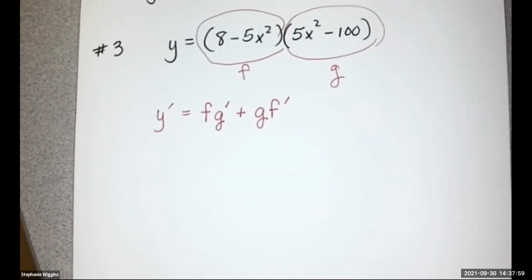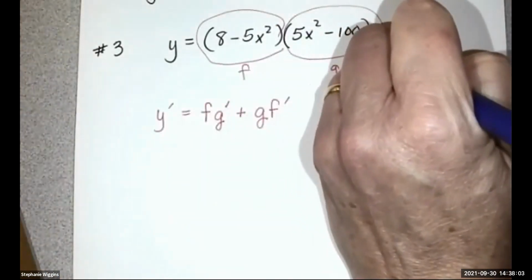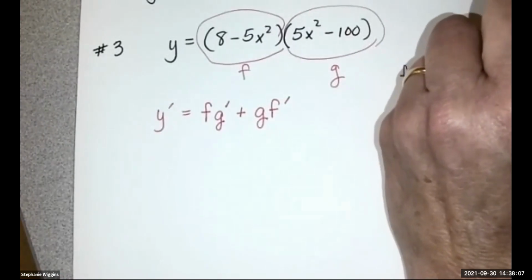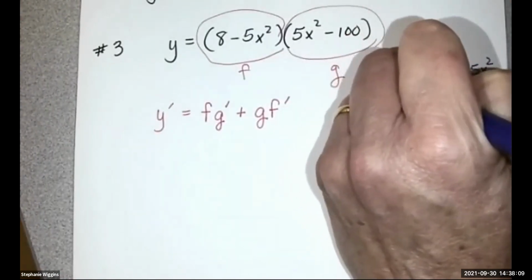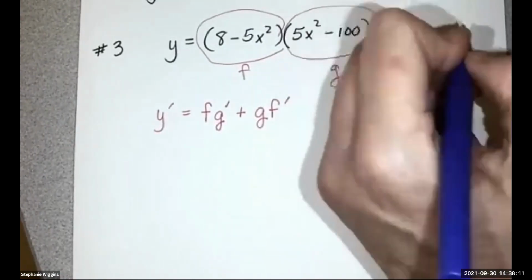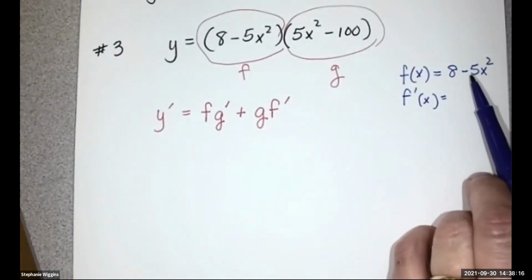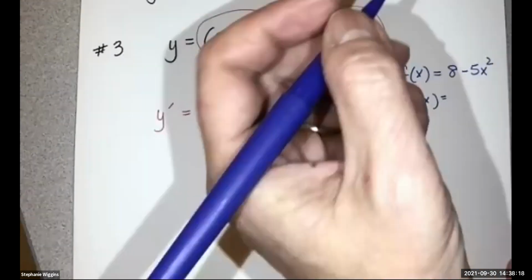So to the side here, I'll go ahead and calculate g prime and f prime. So f of x is the first function. So f prime of x is going to be, well, the derivative of 8 is 0. The derivative of negative 5x squared is negative 10x.